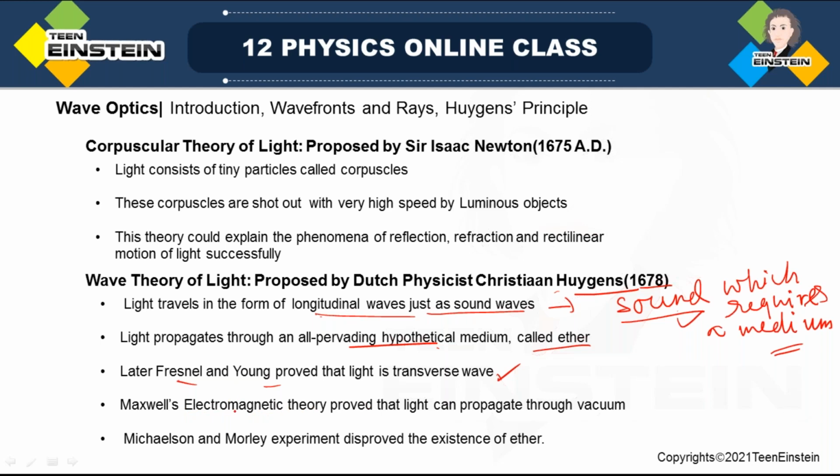electromagnetic theory was developed by Maxwell, he proved that light can travel in vacuum. In fact, he actually found out the velocity of light in vacuum, that is 1 by root of mu 0 epsilon 0, that we have learned in the electromagnetic wave chapter. He could resolve these two problems: light is electromagnetic in nature and transverse in nature.